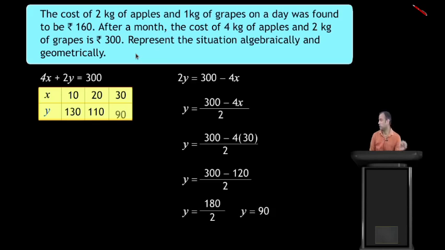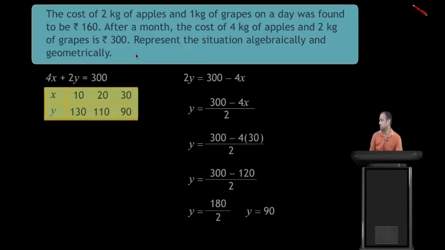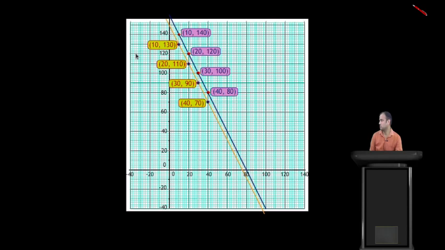So now we have points for both the equations and we plot the graph. So this is the graph of both the equations. This is for the first equation and this is for the second equation.